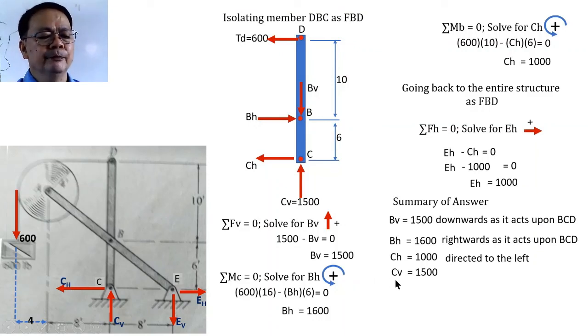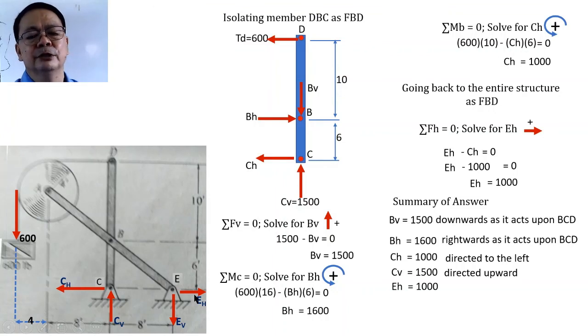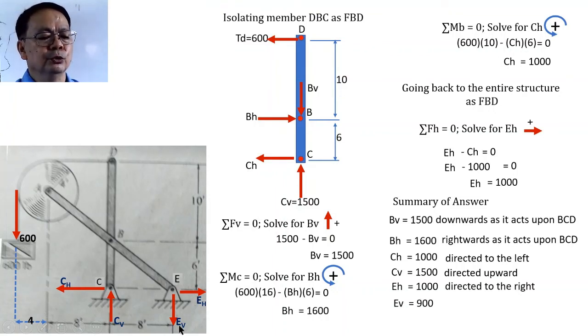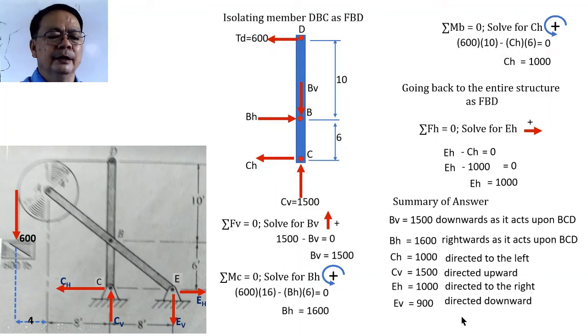Then we also have C sub V, which is this one, and the value is 1,500 directed upward. The other one is E sub H, 1,000 directed to the right, as indicated in this illustration. And finally, we have E sub V, which is equal to 900, which was computed earlier, and the direction is downward as it acts upon that member.